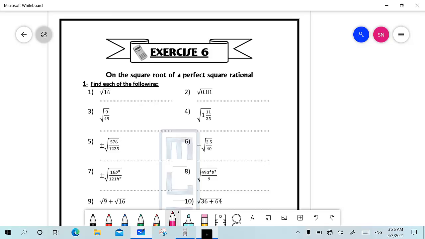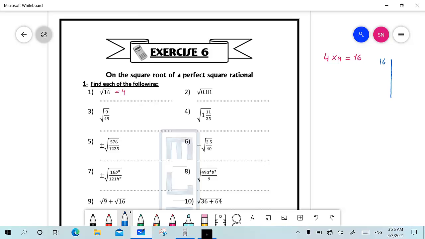So I have mainly 3 ways to find the square root of 16. Either I know that 4 by 4 is equal to 16, so the square root of 16 is going to equal 4, or I'm going to do prime factorization for the number 16.